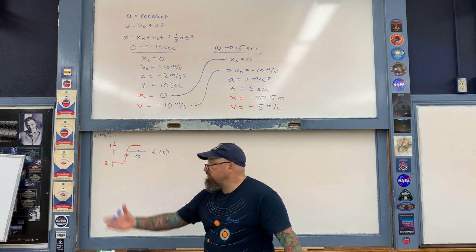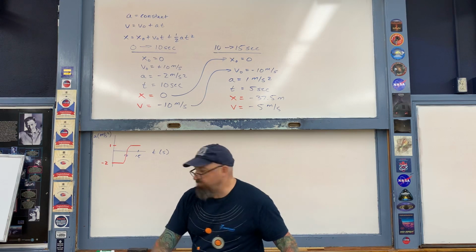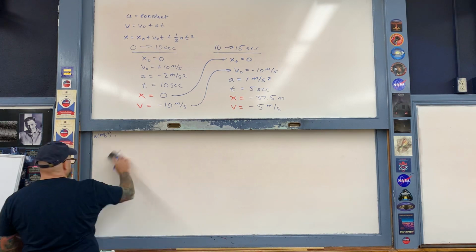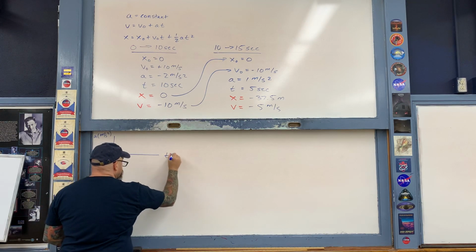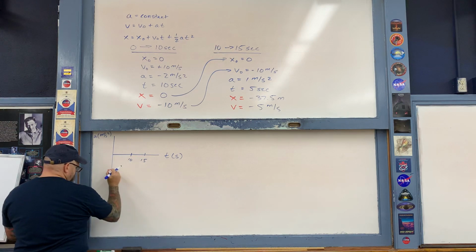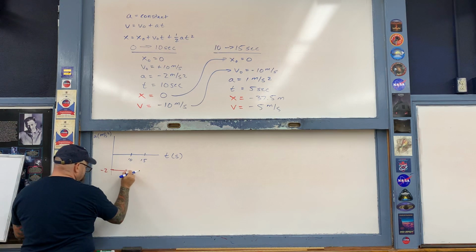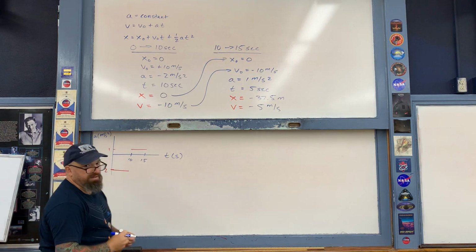But for now, we just ignore this smooth curve polynomial and we end up with the piecewise discontinuous function that we had earlier. Let me just go ahead and resketch it. Okay, so once again, acceleration is a function of time, 10 and 15 seconds. We have our values of -2 meters per second squared, and then right here, +1 meter per second squared, and then we just leave it at that.